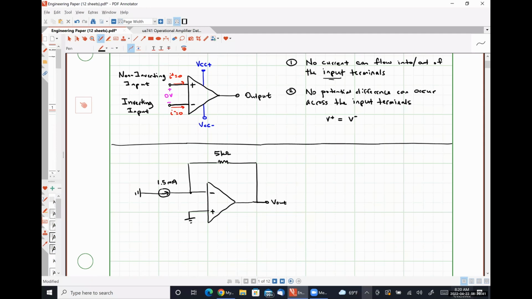Okay. Now, before we get into the analysis here, I just want to talk about that negative feedback concept again real quick. That 5 kilo ohm resistor in this circuit is what is applying negative feedback. Anytime we have a conductive path that connects the inverting input terminal to the output terminal of the amplifier, we have negative feedback.